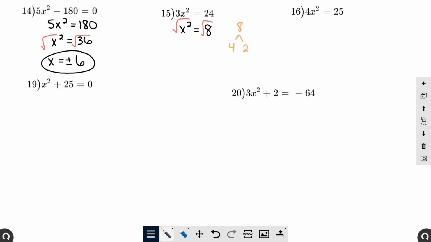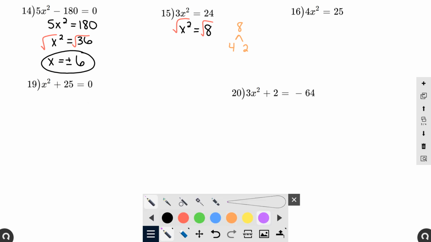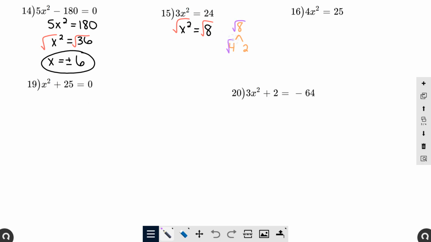So really what we're doing here is we're taking factors of the square root of 8, which are the same as saying square root of 4 times square root of 2 makes square root 8. But what we're going to do is we're going to break those down. So start off by saying x equals, and go ahead and put plus or minus. Now what is the square root of 4? 2.